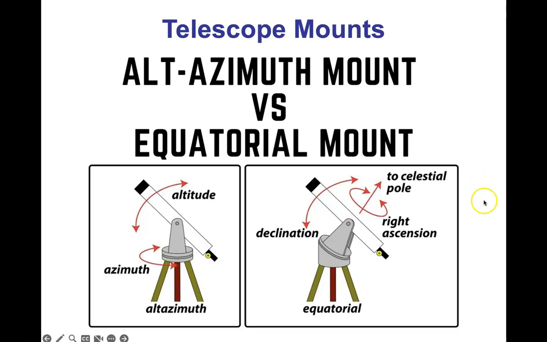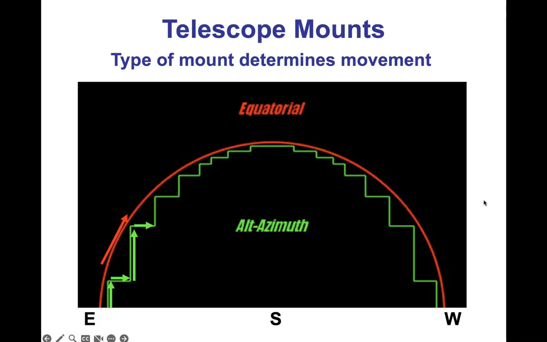Right, why would you pick one or the other? Well, that affects how the telescope is mounted, affects how the telescope can move, right? When your telescope is alt-az mounted, the telescope can only move up, down, left, or right. Well, that's not how the sky moves, right? So imagine here, I've got my little diagram. Here's the horizon. Here you're looking due south, and then east is off to this way, and west is off on the right.